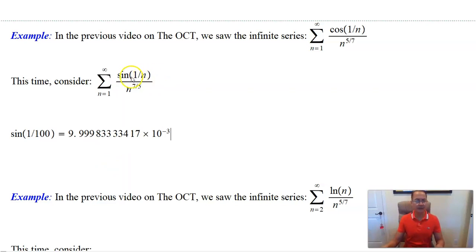So the numerator, we don't have much control over it. It's getting close to 0. We can't say it's bigger than 1/2, smaller than 1. Yeah, that works. So you know what? Let's keep it at 5 over 7. This one's more interesting.